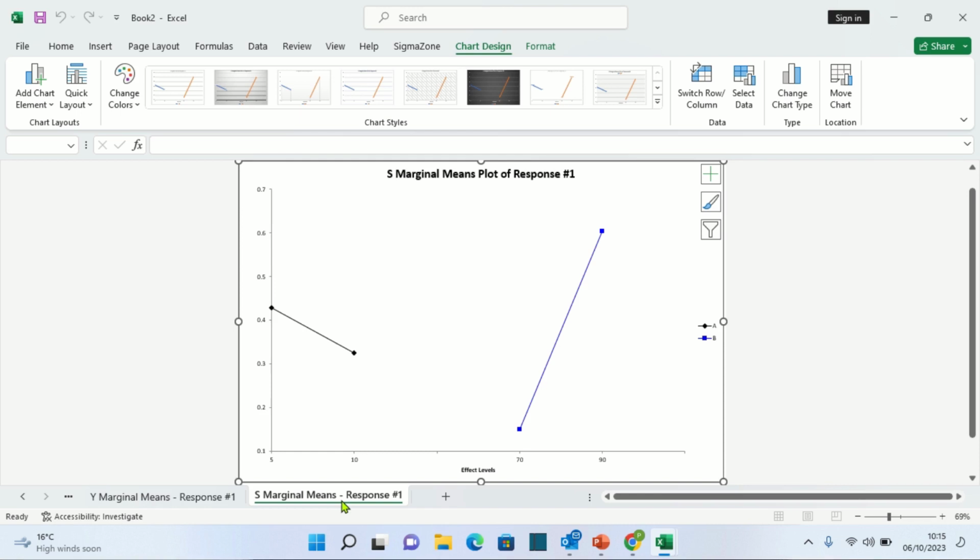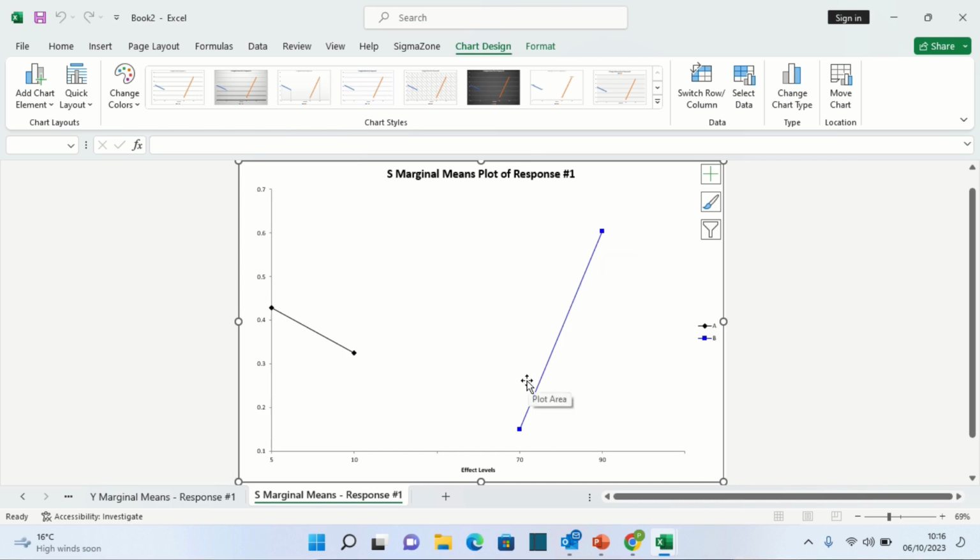But the standard deviation is also being driven by B. So we don't want high standard deviation. That's a very inconsistent result. So the more that you tend towards 90 for the temperature, the more you will drive the process to be inconsistent.